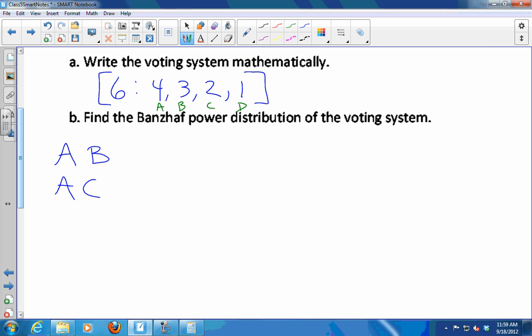Okay, so let's try to talk about 3 players who can get the quota. B, C, and D. They team up and they have exactly 6. A, B, C. Yep, they have 7. A, B, D. Yep.